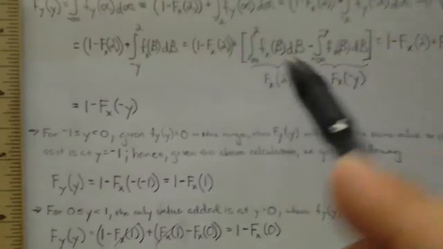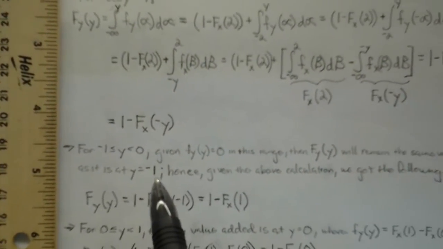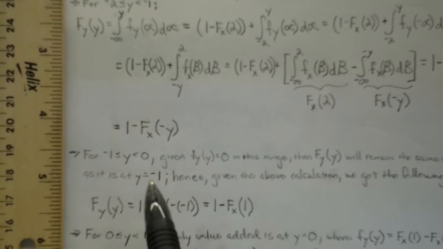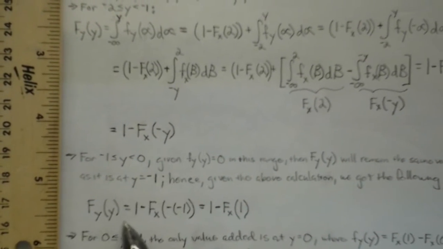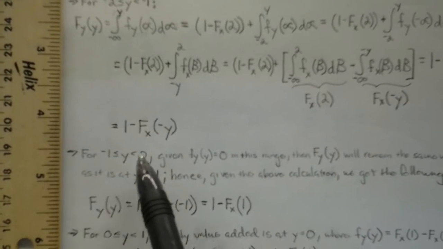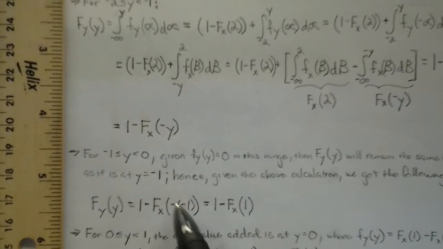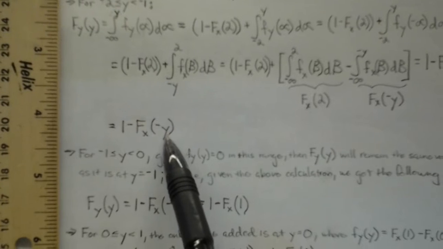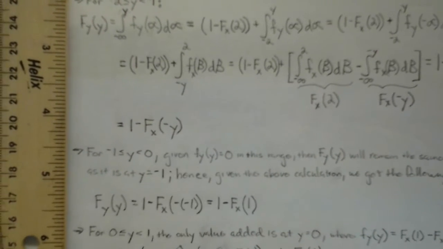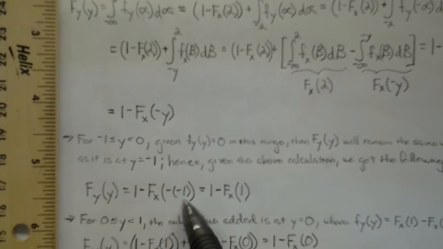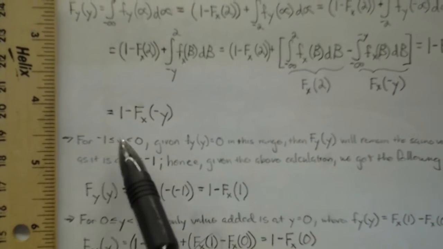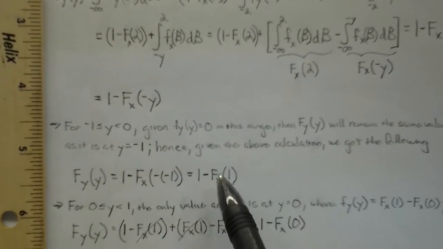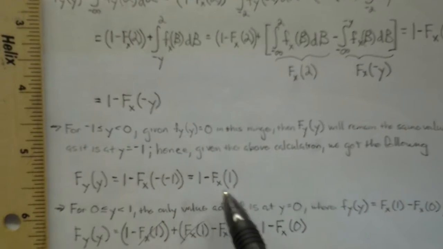Basically the value within our big F of y is going to stay how it was at y equals negative 1. Therefore, we can use this term, substitute in y equal to negative 1, which we do right here, and get this function, which basically says in this range we define a constant 1 minus big F of x at 1.